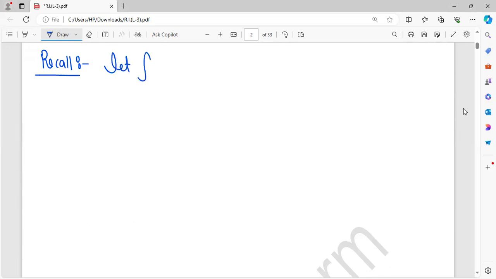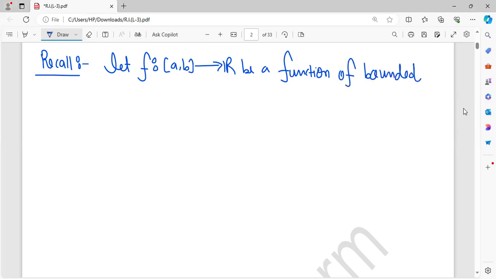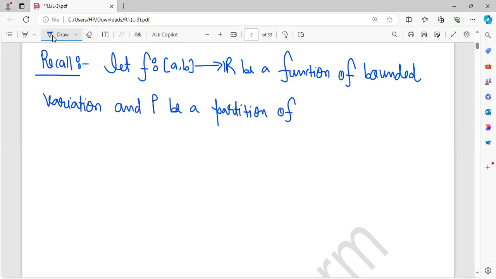Let f from the closed interval [a, b] to R be a function of bounded variation and P be a partition of [a, b].